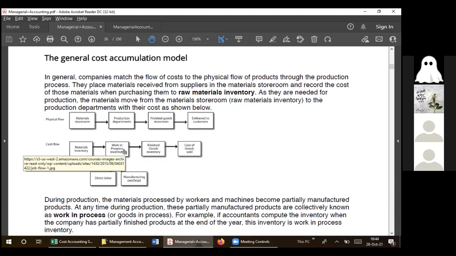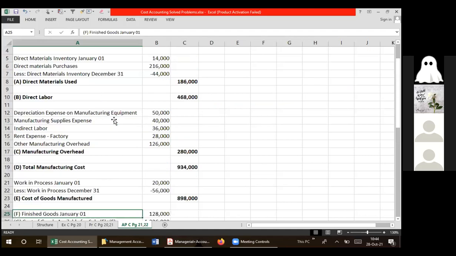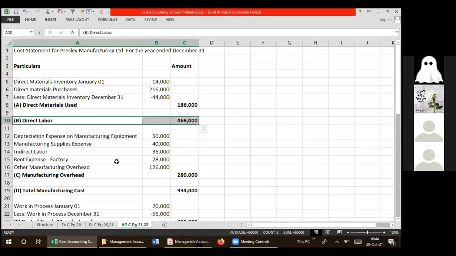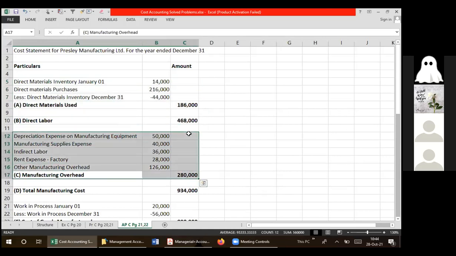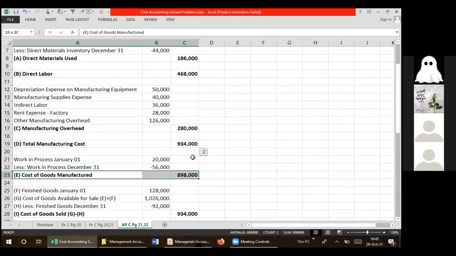If you look at the cost statement again, it is going through the same process. We have the material coming in, that is raw material. We apply direct material, direct labor to it, and other manufacturing expenses. We apply all of those, and we get a total manufacturing cost. After that, we have some products that are still under the process of being manufactured, while some are already produced.